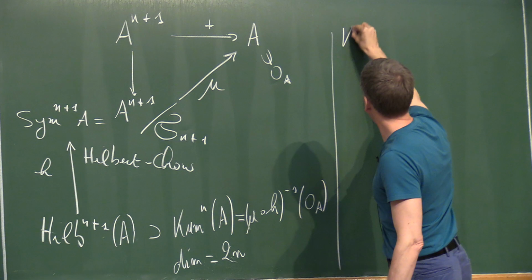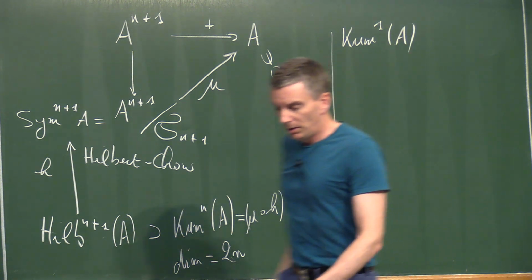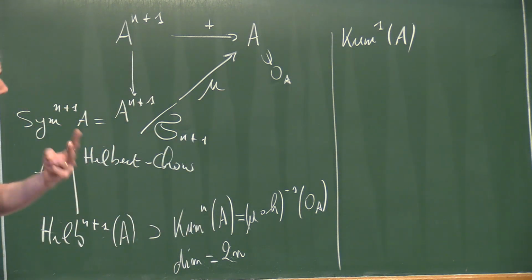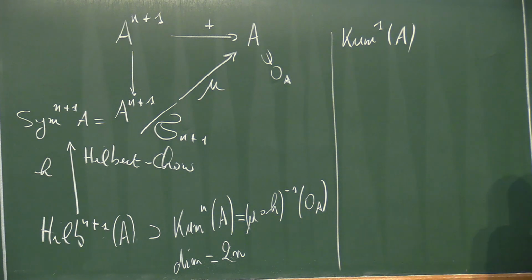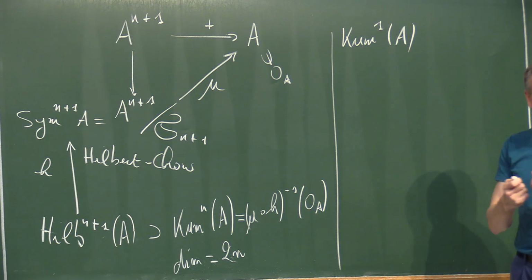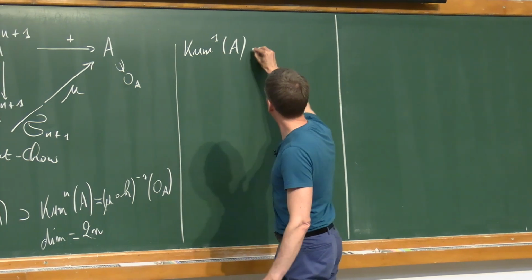Simply because if we take K_1 of A, this means that we consider 2 points on an abelian surface such that the sum is 0, so it is 1 point and its opposite, but we keep the information of being a two-torsion point, meaning that it is a resolution of the quotient. So K_1 of A is the Kummer surface.